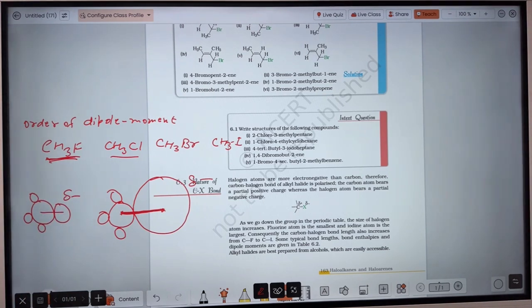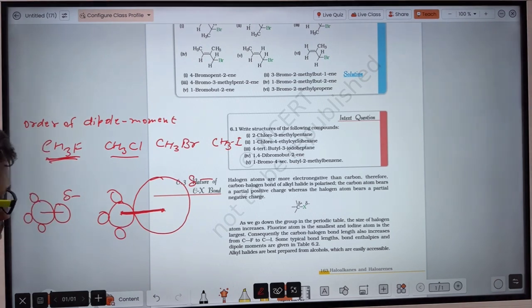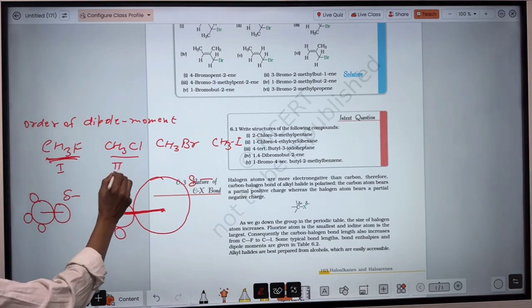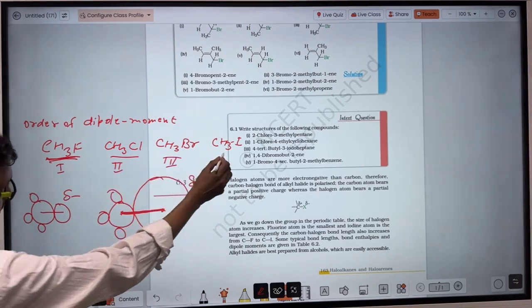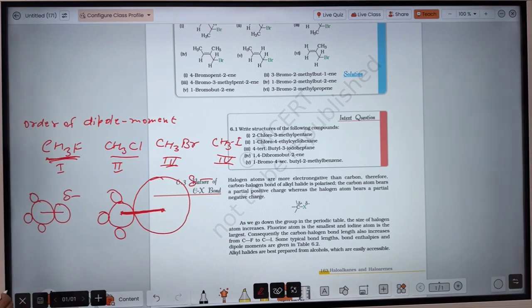That's why CH3Cl possesses a greater dipole moment than CH3F. So the order of dipole moment is CH3Cl greater than CH3F.